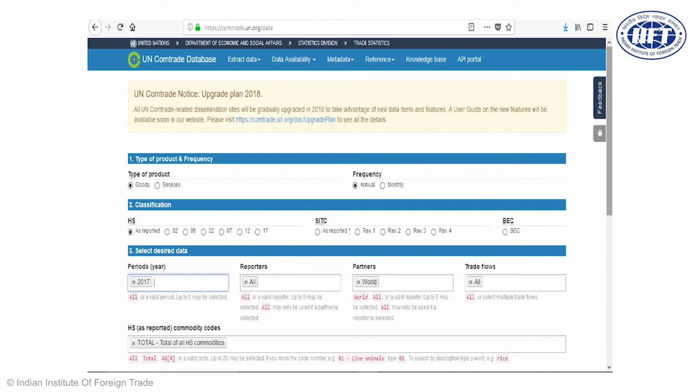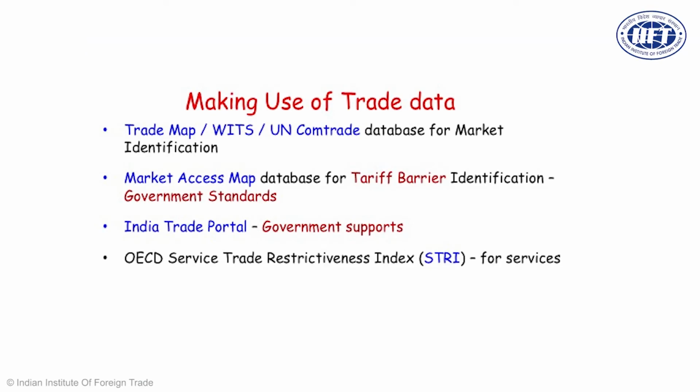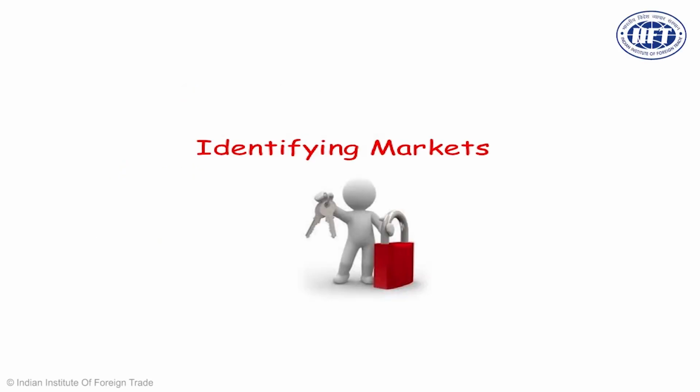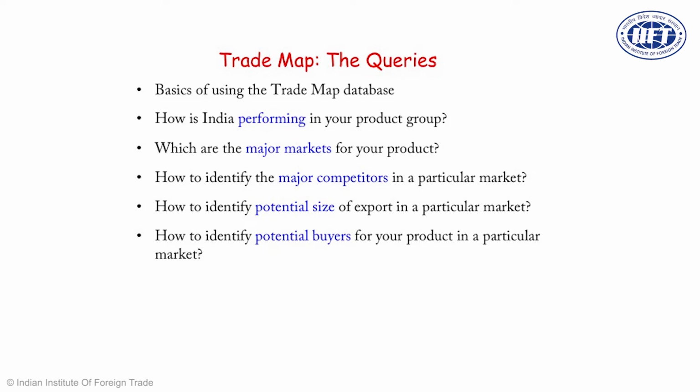So, ITC TradeMap, WITS maintained by World Bank, UN Comtrade database maintained by UNCTAD, all of them are very good databases for practical use. Let's go to the TradeMap database for market identification, which is a very good resource. You can actually use very many other databases, but TradeMap gives a good idea.